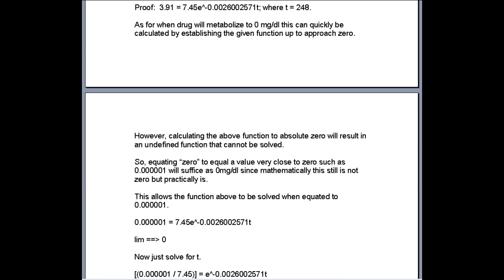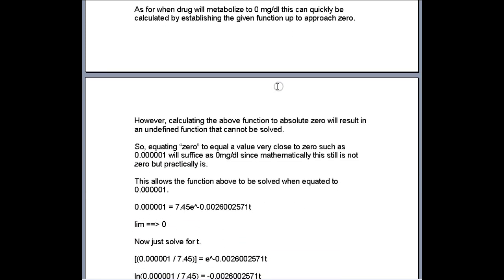So we use the concept of a limit approaching 0. As for when the drug will metabolize to 0 milligrams per deciliter, this can quickly be calculated by establishing the given function up to approaching 0. However, calculating the function above to absolute 0 will result in an undefined function that cannot be solved.